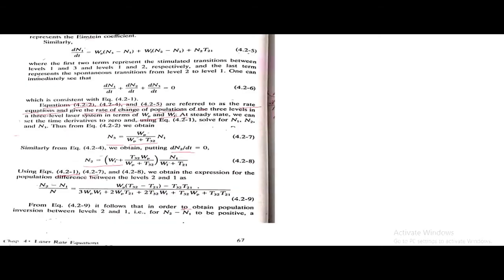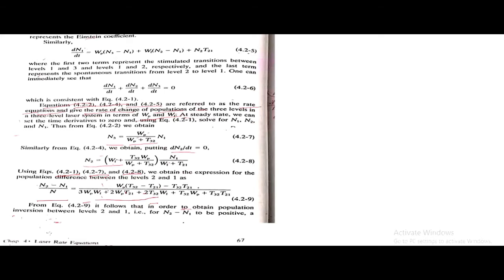Again, from equations 1, 7 and 8, we obtain the expression for the population difference between levels 2 and 1 as (n2 minus n1) by n equals WP (T32 minus T21) minus T32 T21, divided by 3 WP Wi plus 2 WP T21 plus 2 T32 Wi plus T32 WP plus T32 T21.